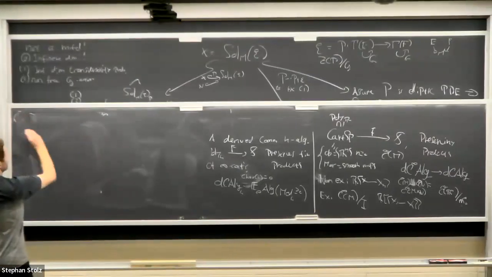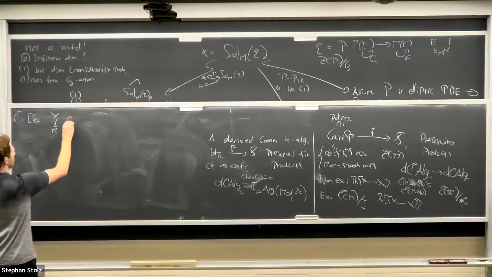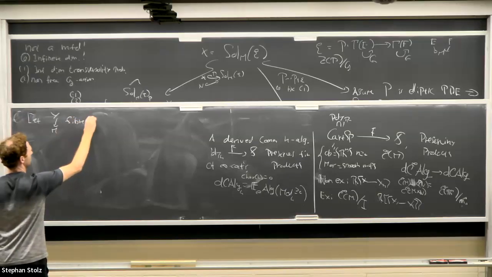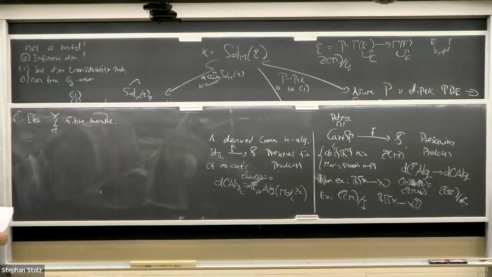Suppose that Y over M is a fiber bundle. Then, given a fiber bundle, I can make an infinite dimensional manifold of sections, right? I can look at the set of all sections and then try to give that thing some kind of topology and then some kind of smooth structure.